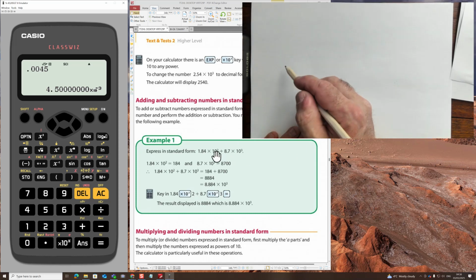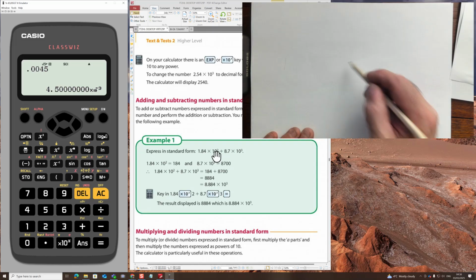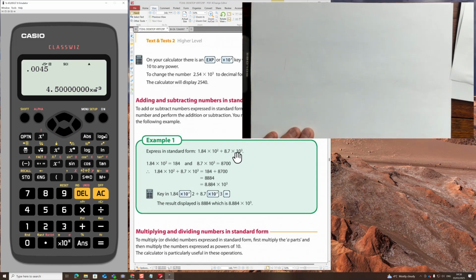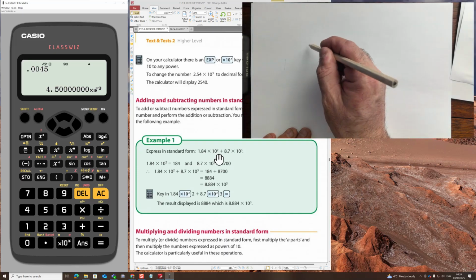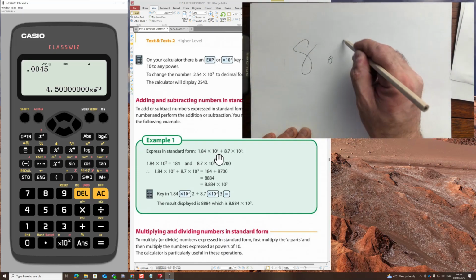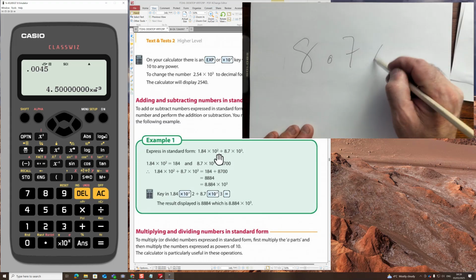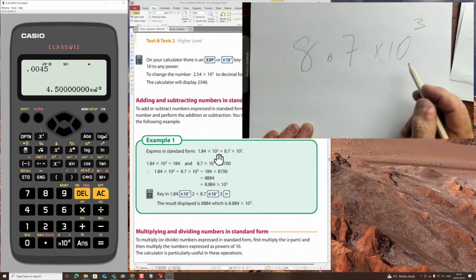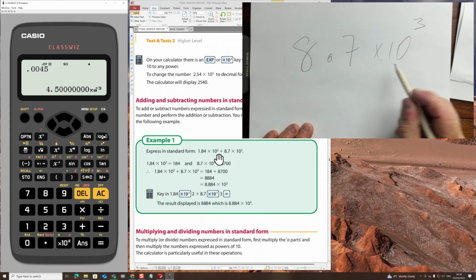Okay, so let's talk about this problem here. First, I want to do it on paper. So we have 8.7 by 10 to the 3. It's a big number, and we have 1.84 by 10 to the 2, which is a smaller number. So we should try to move everything up to the bigger multiplier, because it's going to dominate the calculation. Okay, so we leave that like this, and we want to convert the other one up to a 10 to the 3.